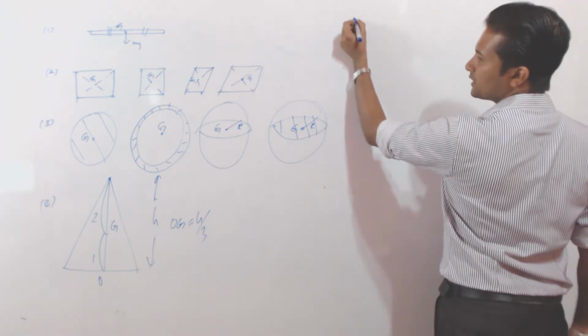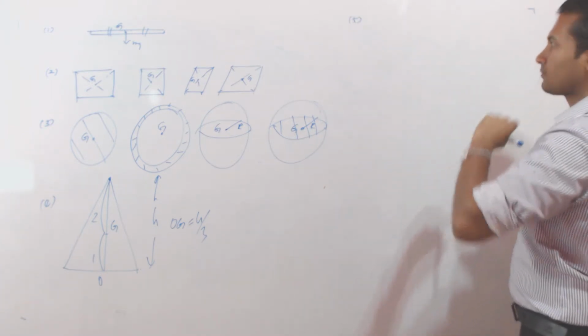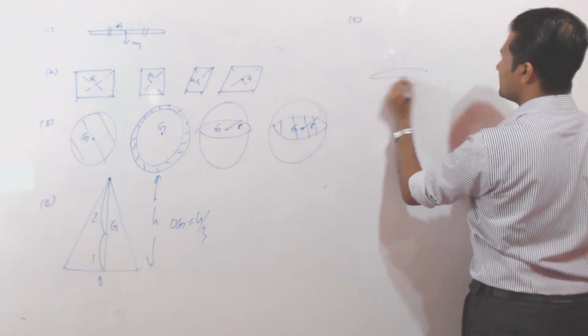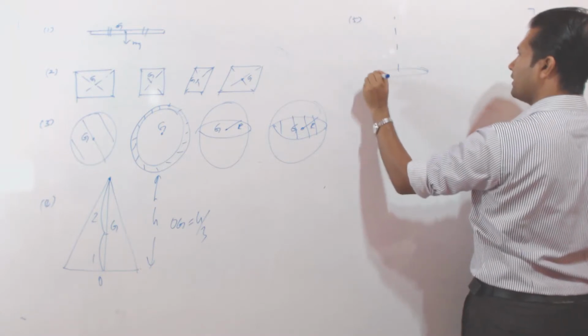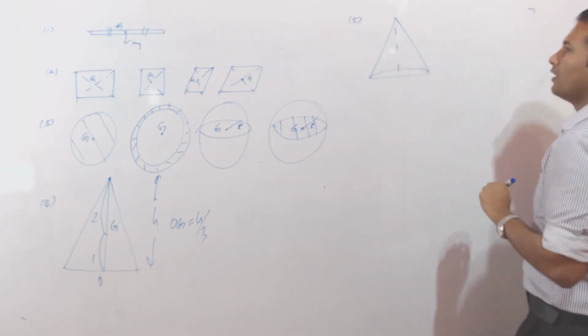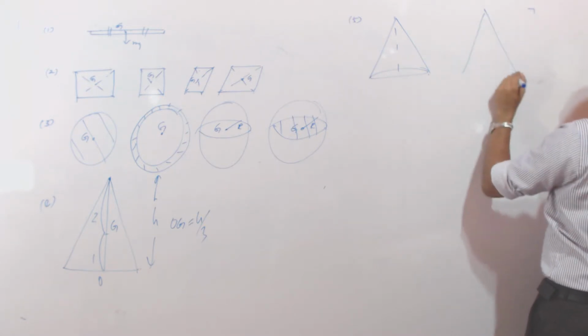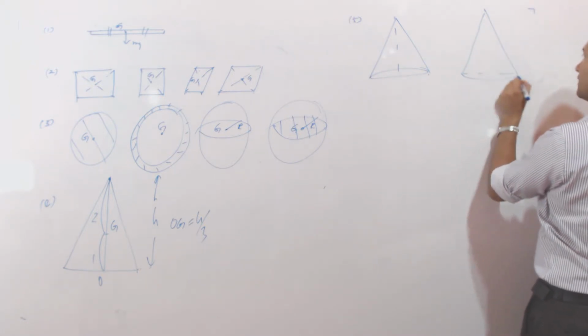Now we can consider the fifth one, which is a spherical cone and solid cone. So what happens there?